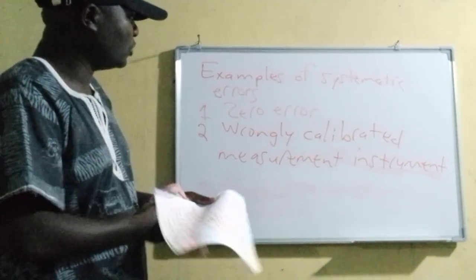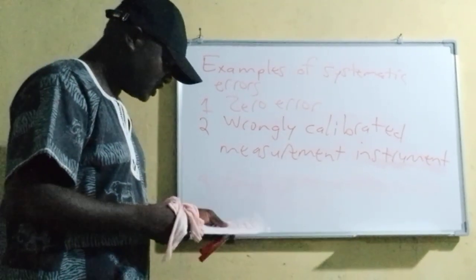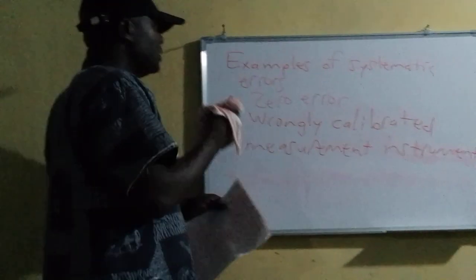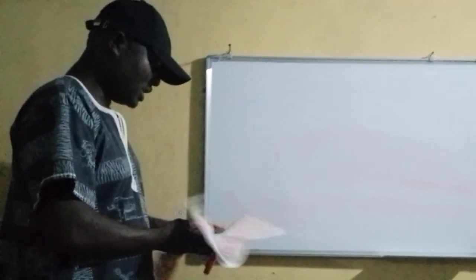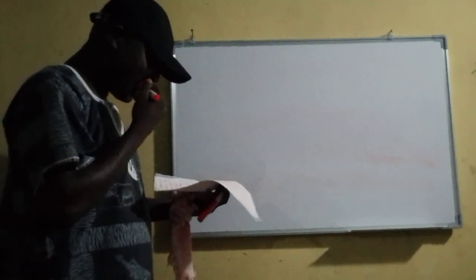Also, let's consider the causes of a systematic error. Examples of a systematic error: zero error is a good example, or a wrongly calibrated measurement instrument is an example of a systematic error.